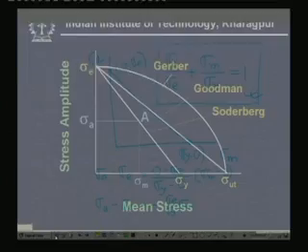Now, in a similar manner, we can have the equations developed for the Gerber line or the Goodman line, which we have just shown in the last slide.